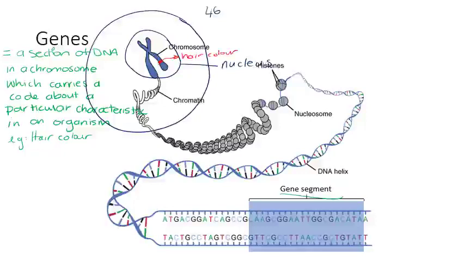It means that its friend or its buddy on the dad's chromosome, because remember you get one from mom and one from dad, the same space on the dad's chromosome will also code for hair color. So dad might be blonde and mom might be brown, and then you end up getting both of those or either of them depending on how meiosis has segregated these chromosomes, and we'll talk more about that a little bit later. But we know that this chromosome has the genes in that specific location.